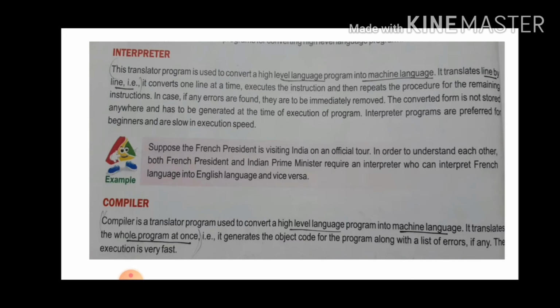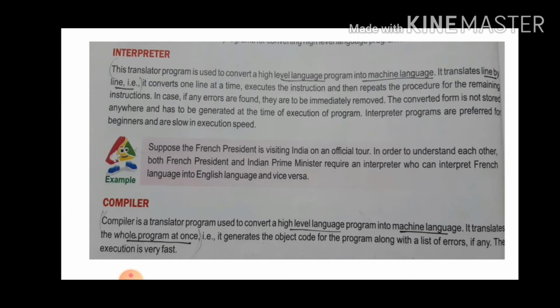It translates every code line by line. It converts one line at a time, executes the instructions, and then repeats the procedure for the remaining instructions. After converting one line, it gets into another line. Line by line it will go, check and execute it.